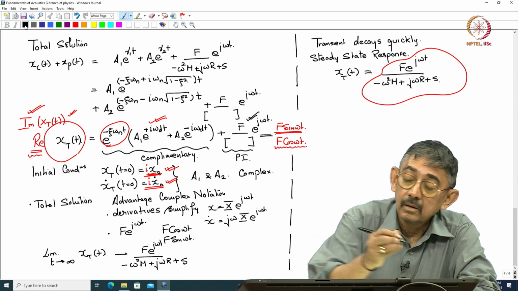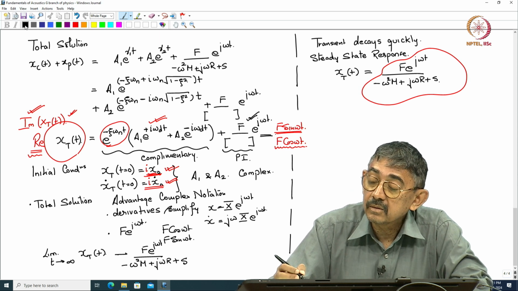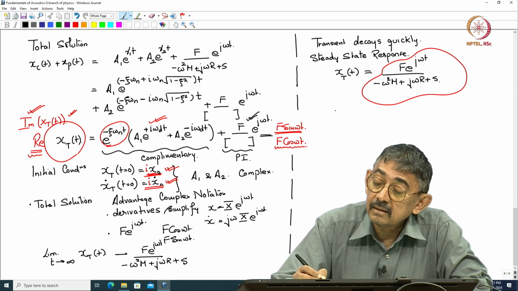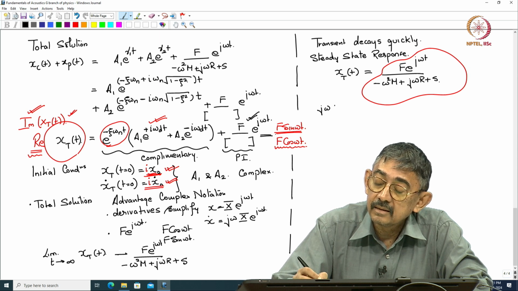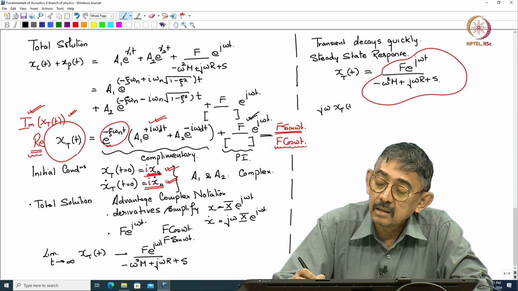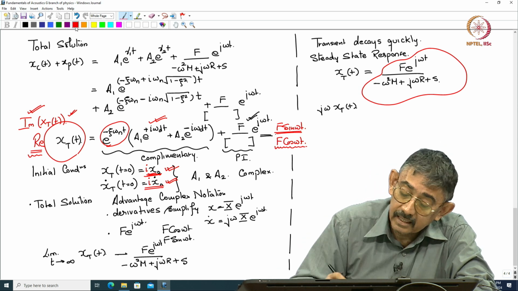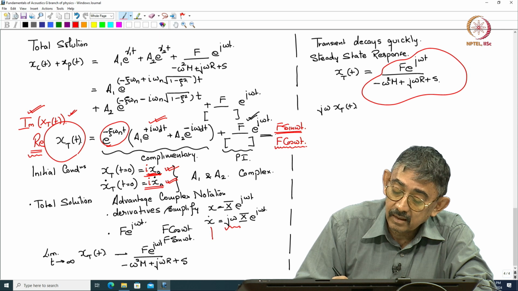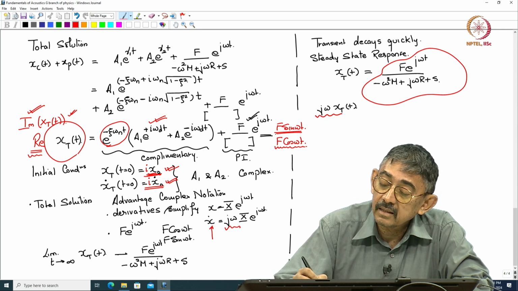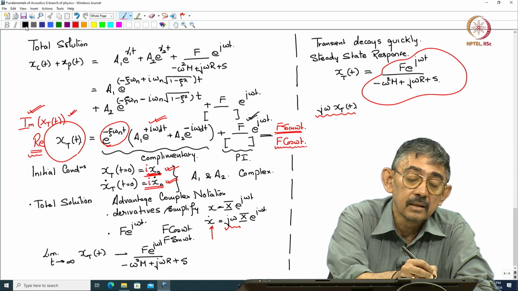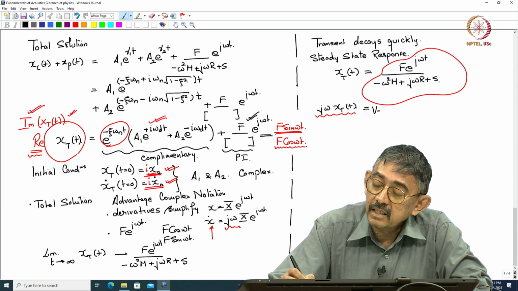First of all, we will write it in a slightly different manner. So, I will multiply by j omega, and as you see, multiplication with j omega results in velocity. This is velocity x dot. So, now this side is velocity. Let me call it v tilde of t.